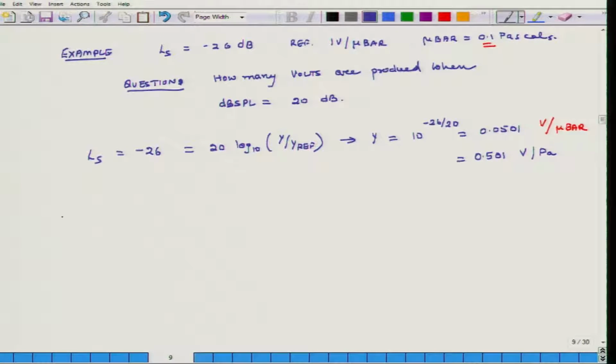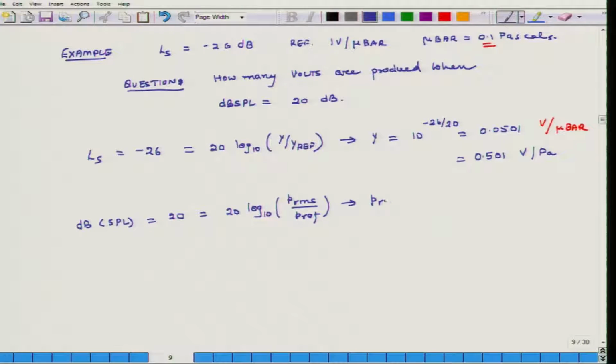Okay. So, now dB for SPL, we are saying that it is 20 decibels, that equals 20 log 10 P RMS divided by P ref.